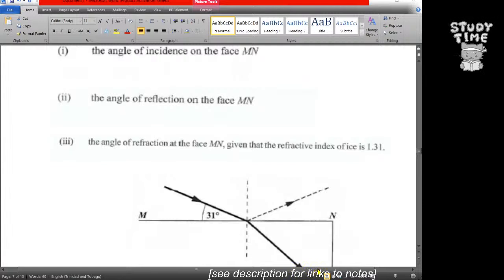So the angle of refraction at the face MN, they're basically asking for this angle here. Well, you just have to do the normal thing. n is equal to sine i over sine r, or sine theta 1 over sine theta 2, Snell's law. And we're going to say sine r is sine i over n.